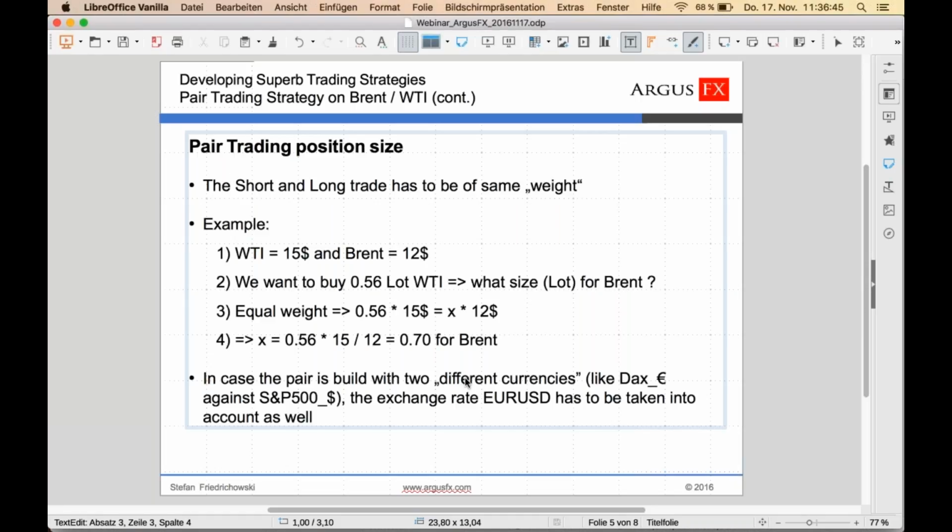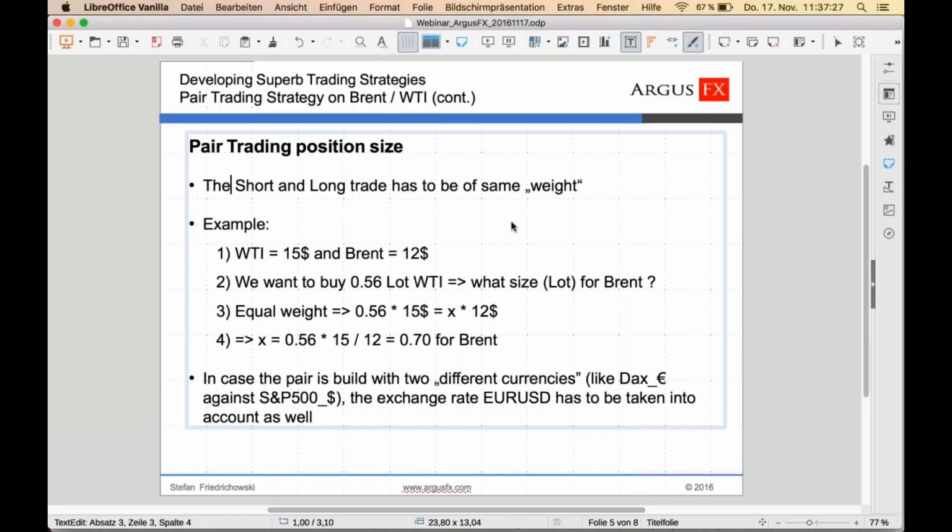No, it's worth 11,000 euros. And it's different if you trade, for example, S&P 500, because that's about 2,000, but dollar. So in principle, when you do that same weight concept, then you have to consider the exchange rate between the two indices as well. So then in this equation on one side, even the exchange rate euro, US dollar should enter that equation. But that's only an additional remark if you do pair trading in two currencies.